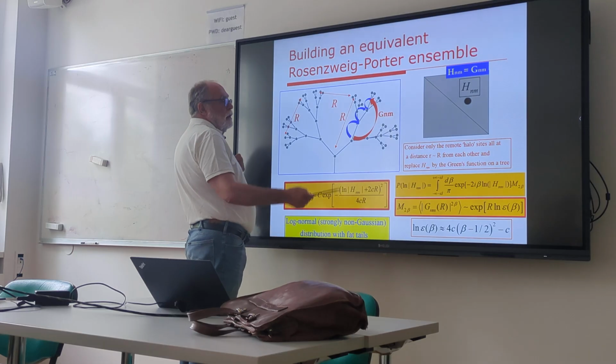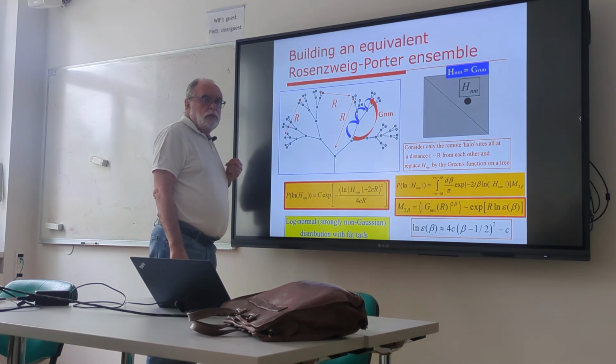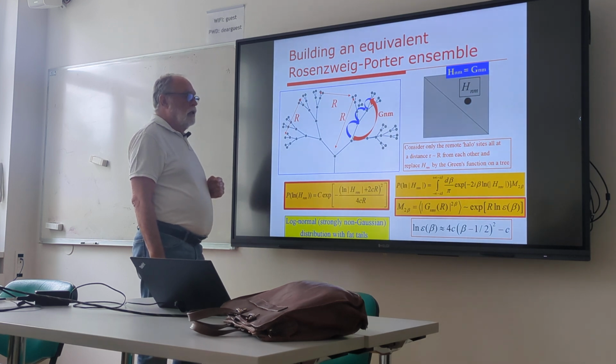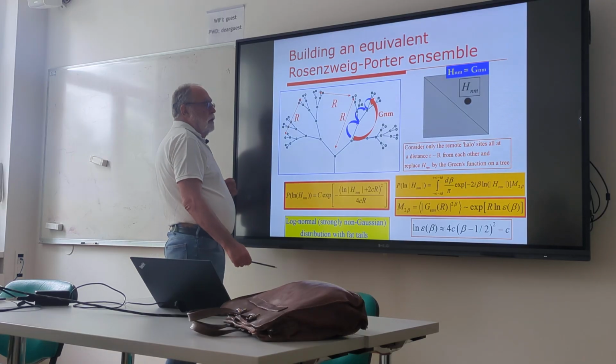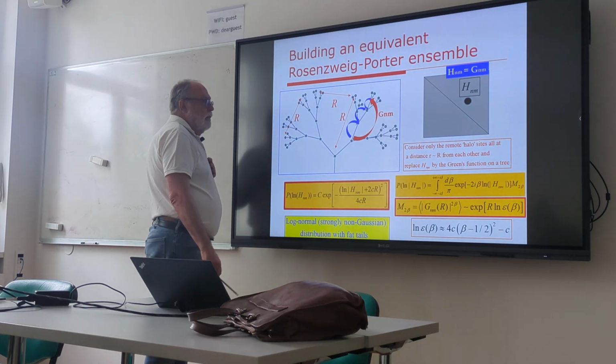But then, at some point, the loops appear, because it is known that on a random regular graph there are only large loops, whose length is proportional to the logarithm of the number of sites.